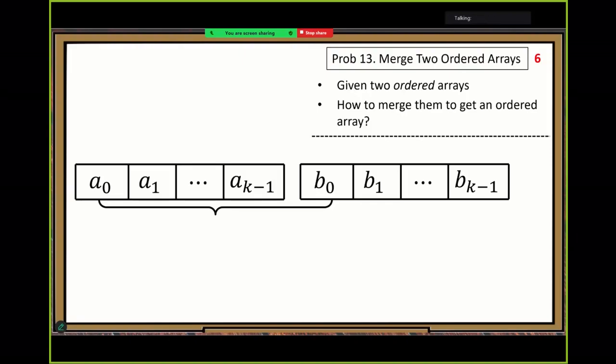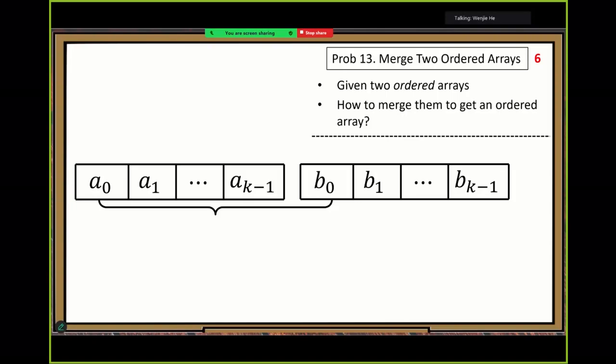when we start, let's think about our goal. We want to get a destination array.